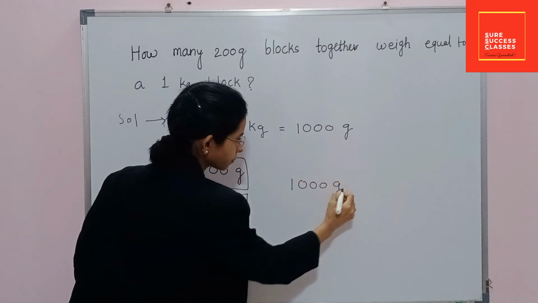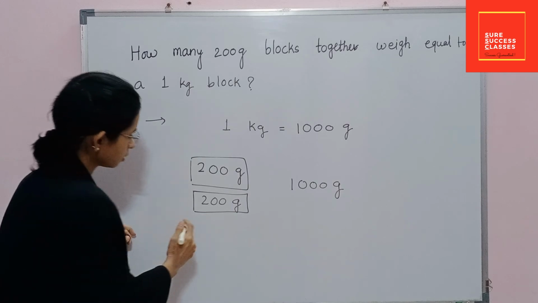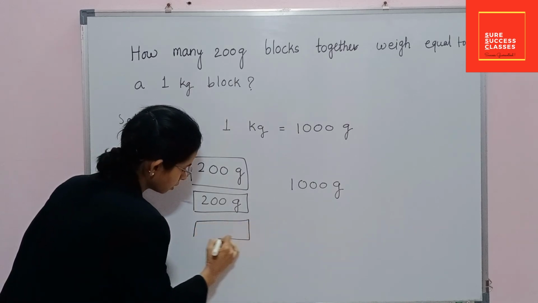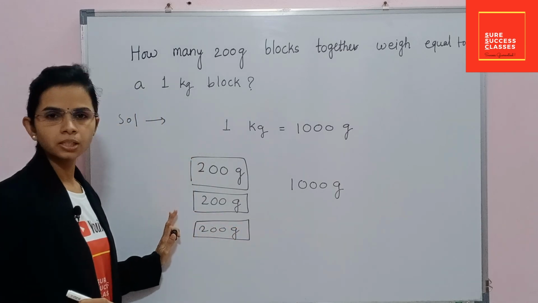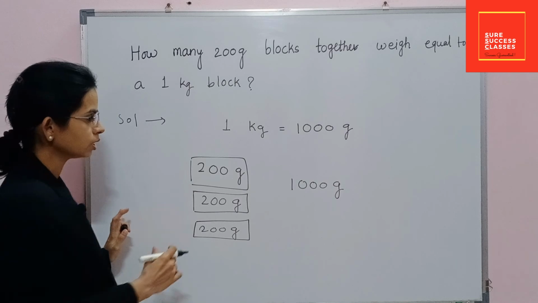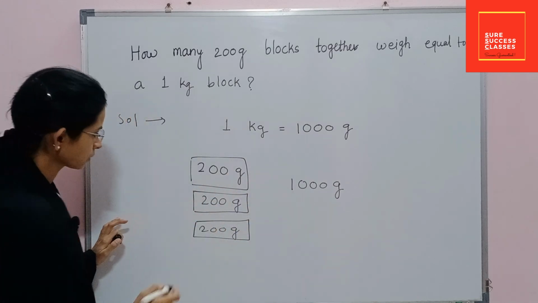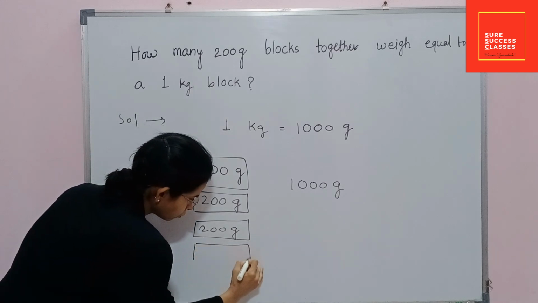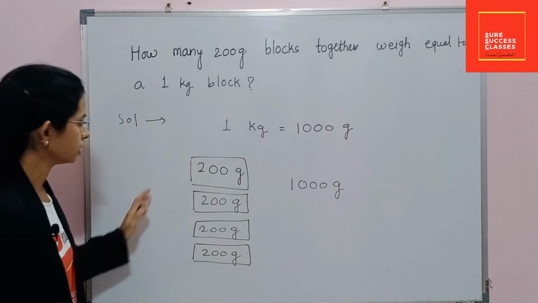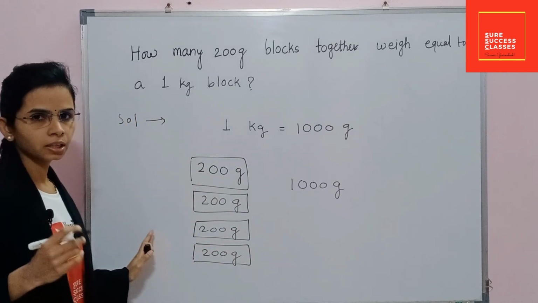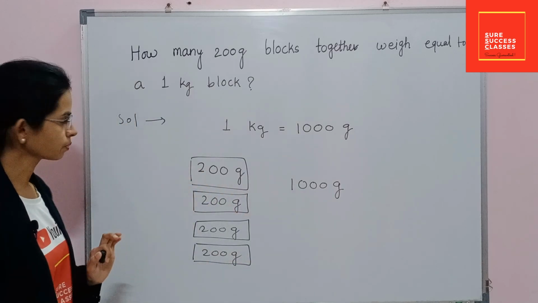Now if we add another 200 grams block, then here we will get 600 grams, which is not equal to 1000 grams. Now again if we add a 200 grams block, then we will get 800 grams, which is not equal to 1000 grams.